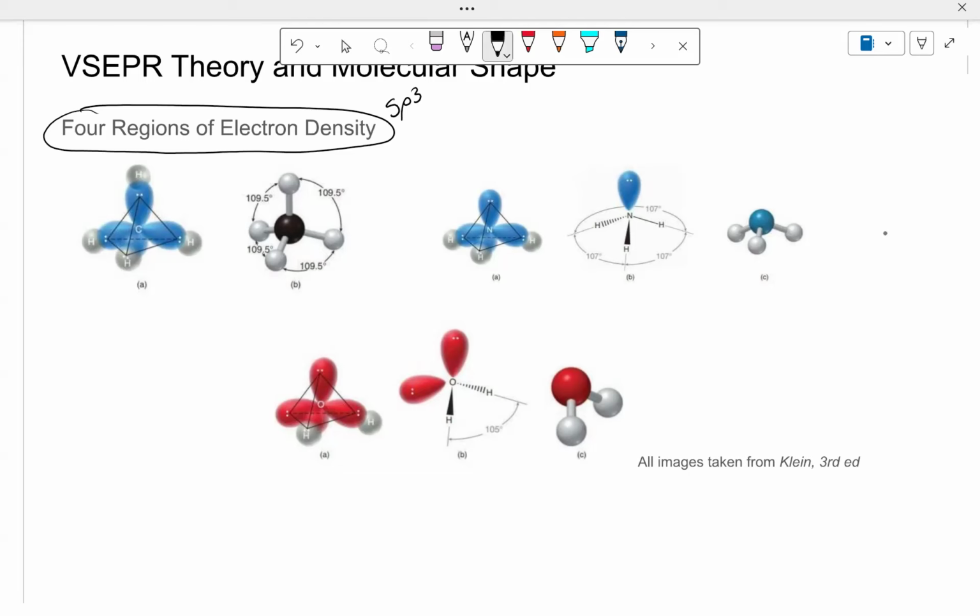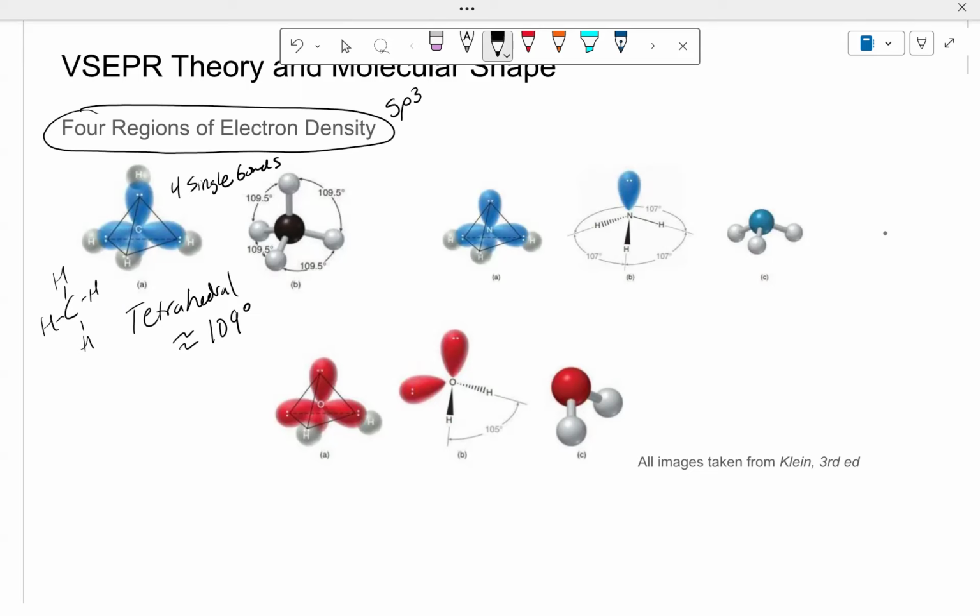But if all of those regions of density involve bonding electrons, so you have four single bonds, like in the case of CH4 here, then we designate that as the tetrahedral shape. And the bond angle will be fairly close to about 109 degrees.